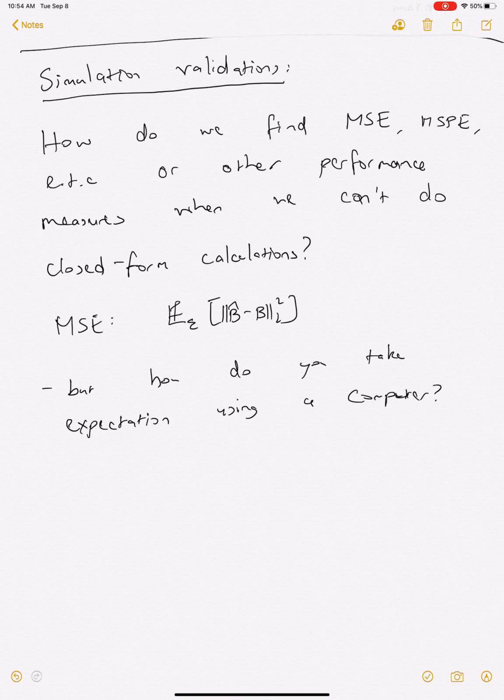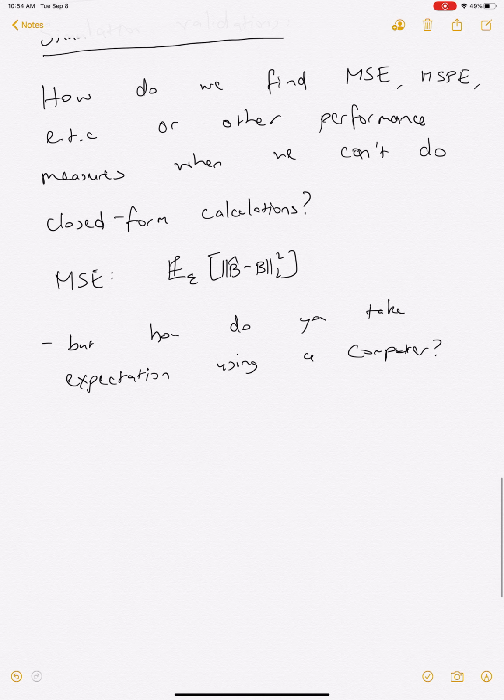Because when you can't find closed forms, computational tools give you the answer, or give you an approximation to the answer. And so the way that probability simulations work is that it tries to estimate this expectation. And this is a very widely used tool in statistics in general, not just for this scenario.